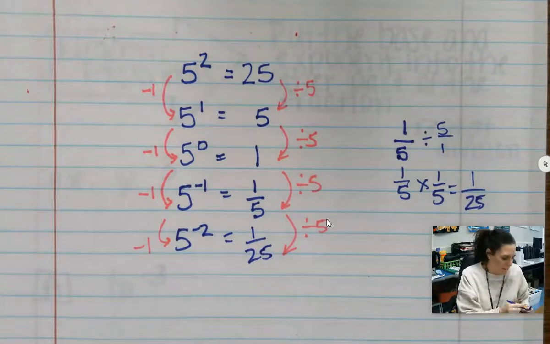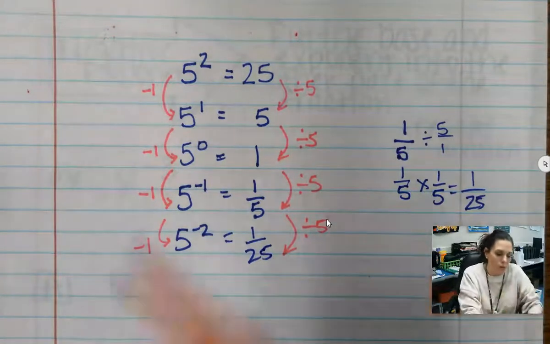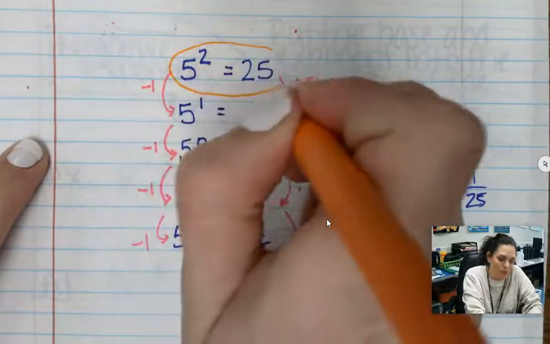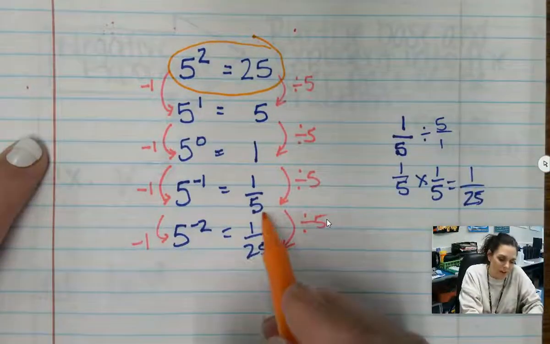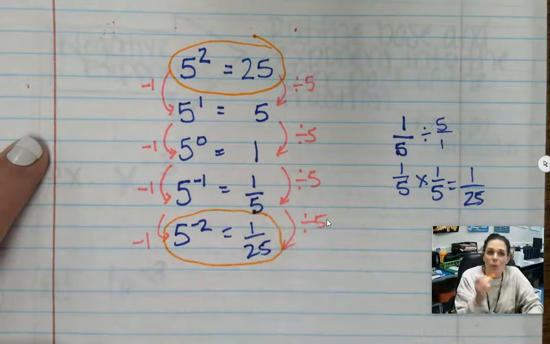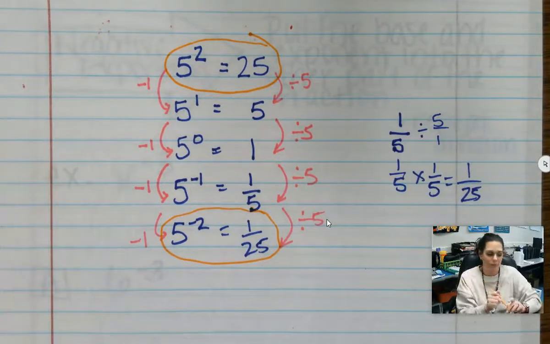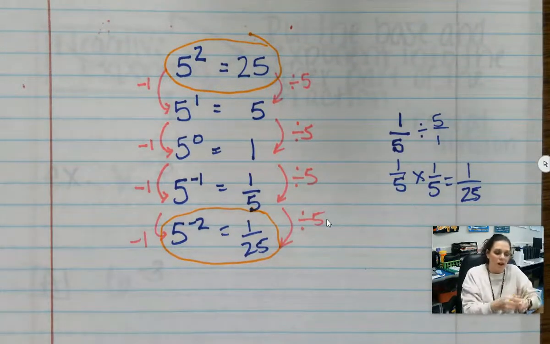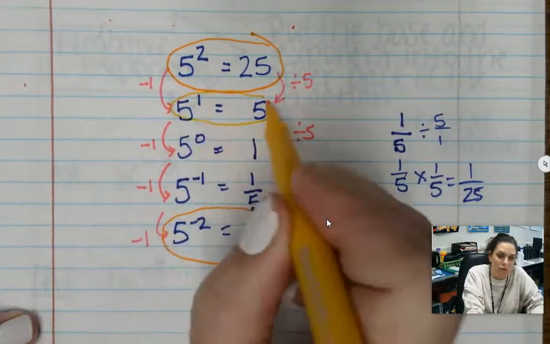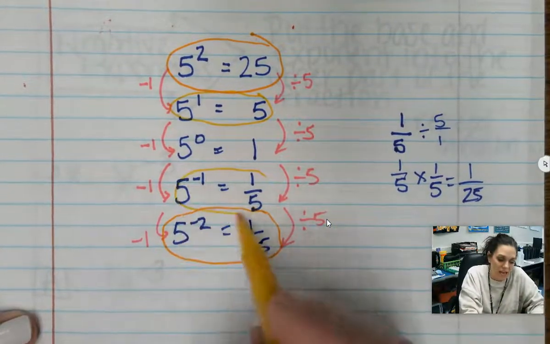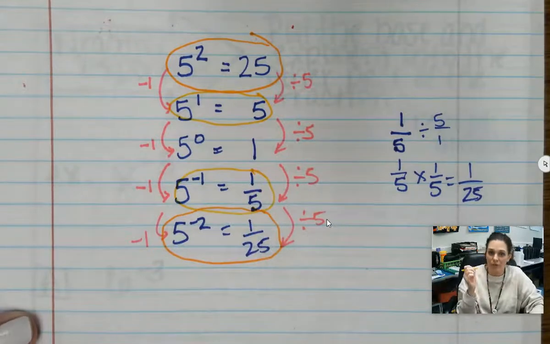So look at what just happened. Let me change my color so I can circle. 5 to the second was 25, but 5 to the negative second was 1 over 25. 5 to the first was 5, and 5 to the negative first is 1 over 5.